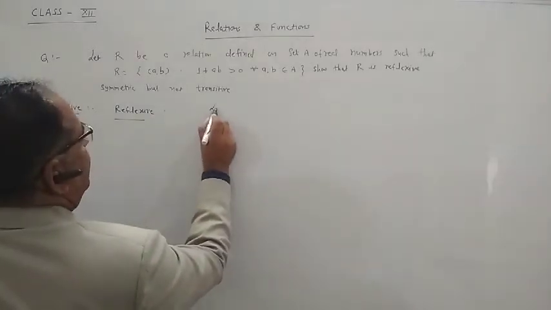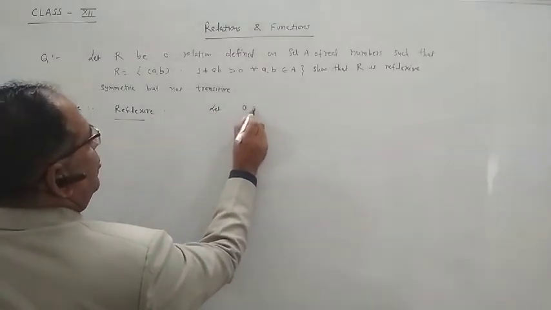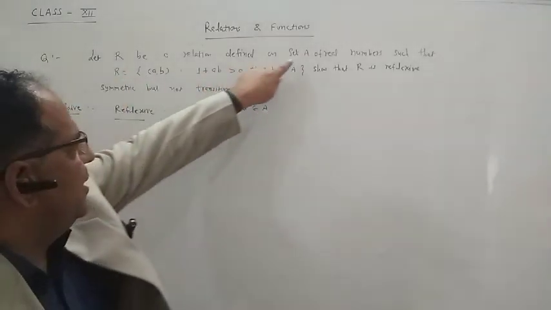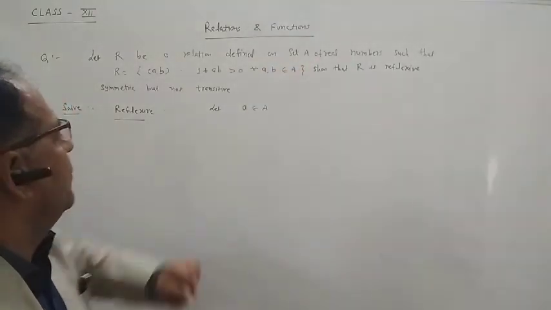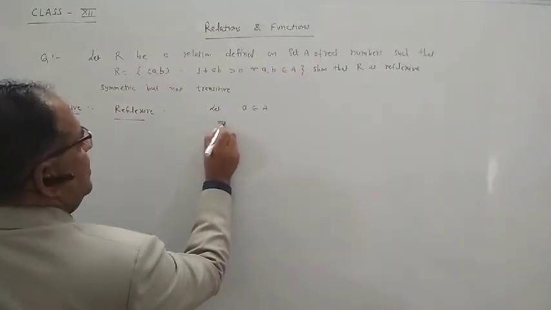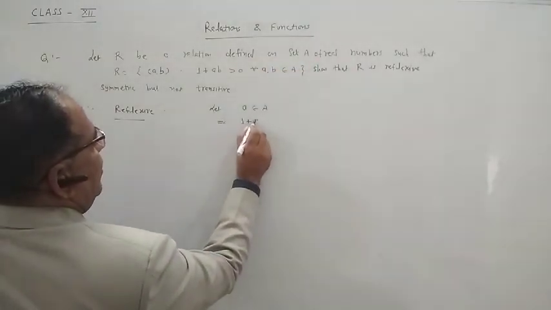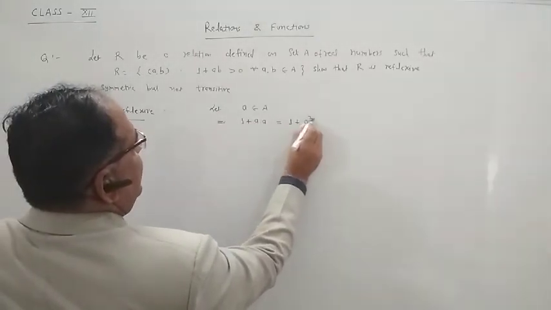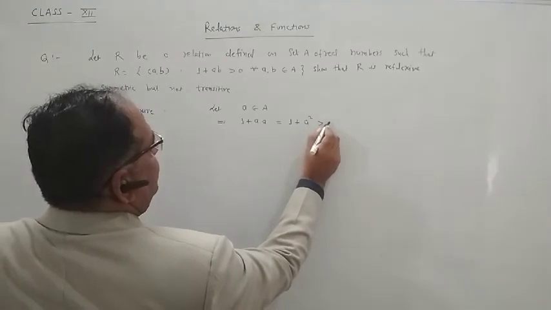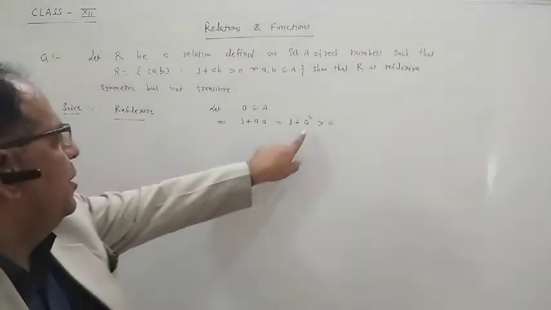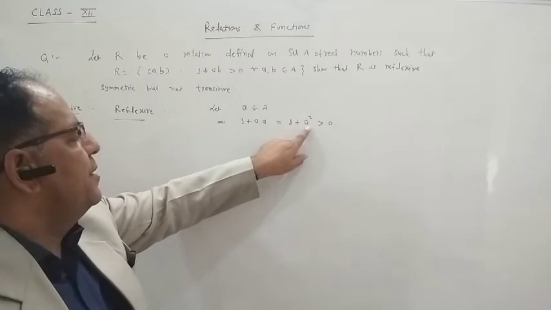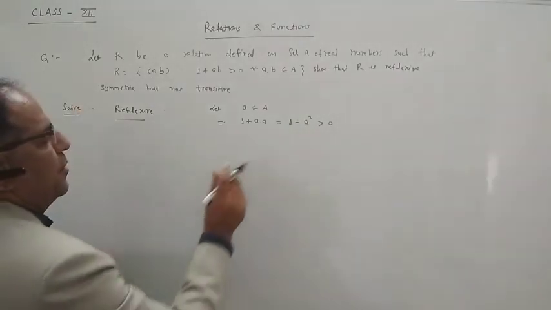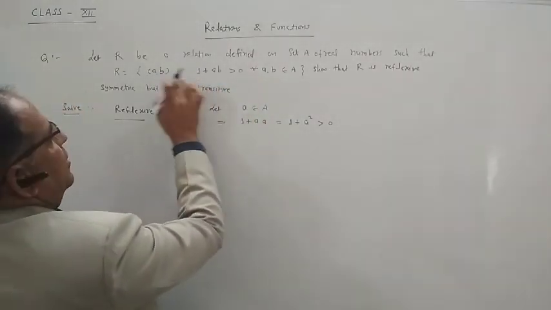Let a belong to A, because this relation is defined on the set A, and A is a set of real numbers. This implies that 1 plus a into a, that means 1 plus a square, is greater than 0, because the square of any real number is non-negative. So this value is always positive and satisfies the relation condition.